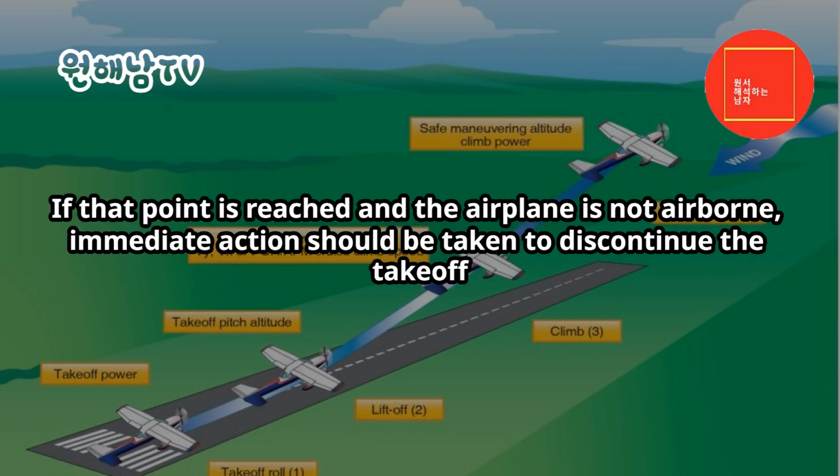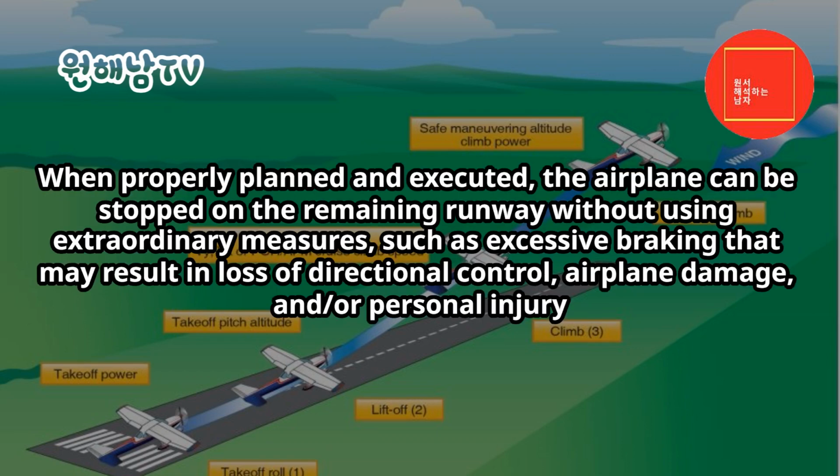If that point is reached and the airplane is not airborne, immediate action should be taken to discontinue the takeoff. When properly planned and executed, the airplane can be stopped on the remaining runway without using extraordinary measures, such as excessive braking, that may result in loss of directional control, airplane damage, and/or personal injury.